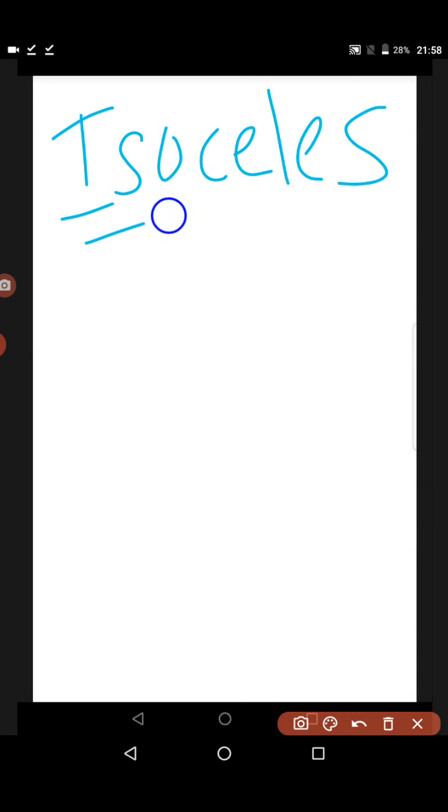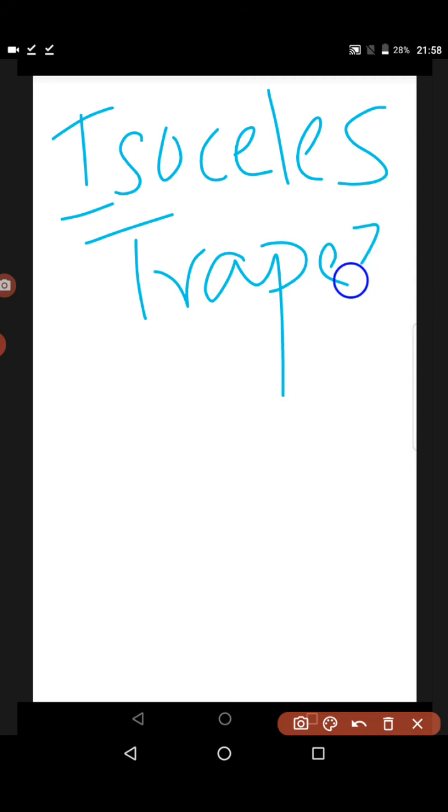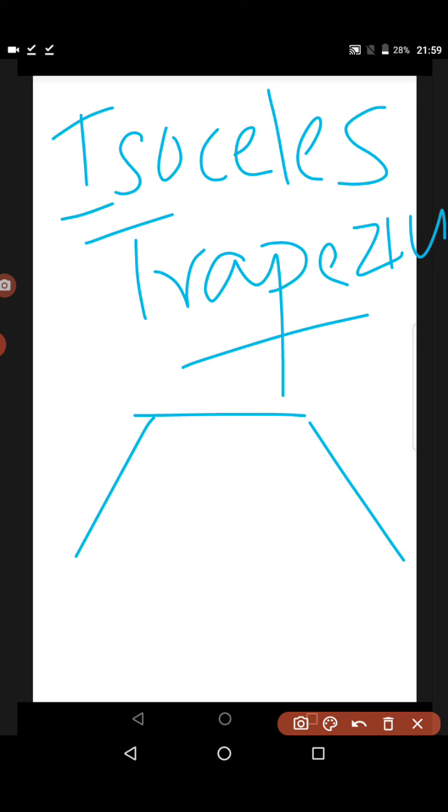Now we'll move on to isosceles trapezium. What is this isosceles trapezium? We'll learn now. Okay. Here, its non-parallel sides are equal. That means these two non-parallel sides are equal, and these two are parallel as before, and these diagonals are equal. Diagonals are also equal here.